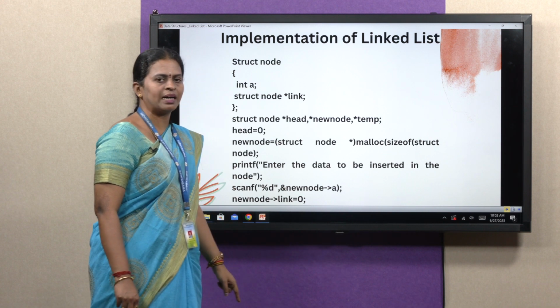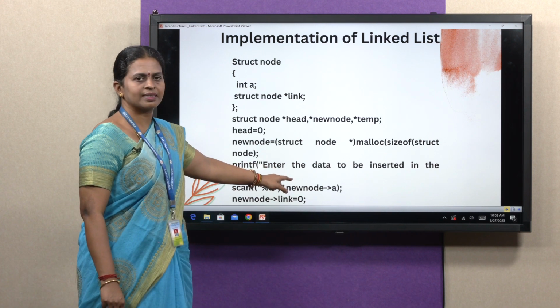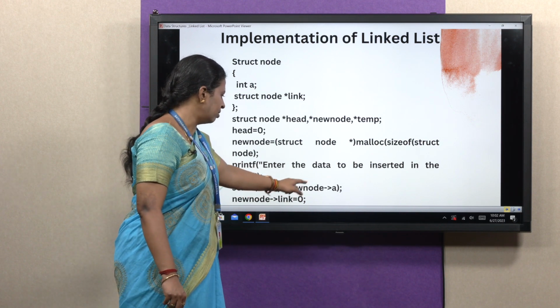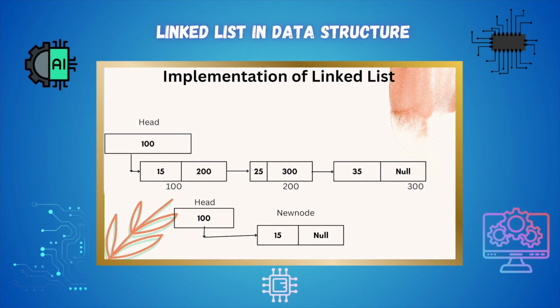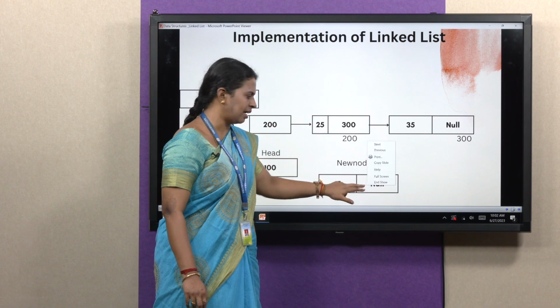You all know you have used structures, right? In structures we use the arrow operator to access the members of the structure. So &newnode->a is used to get the data from the user. And number 2, you all know, right? In the first node the address would be null value.